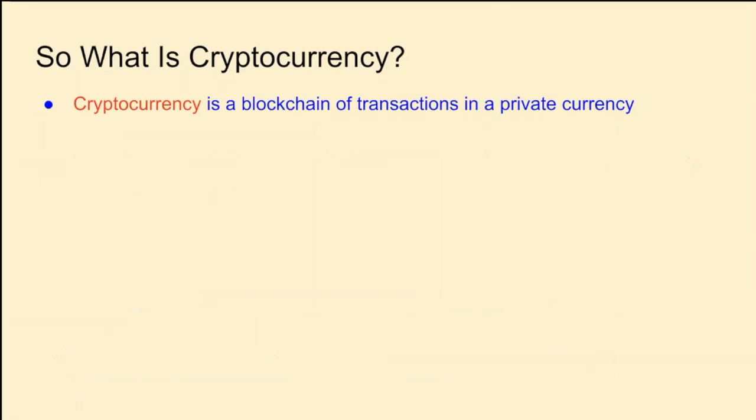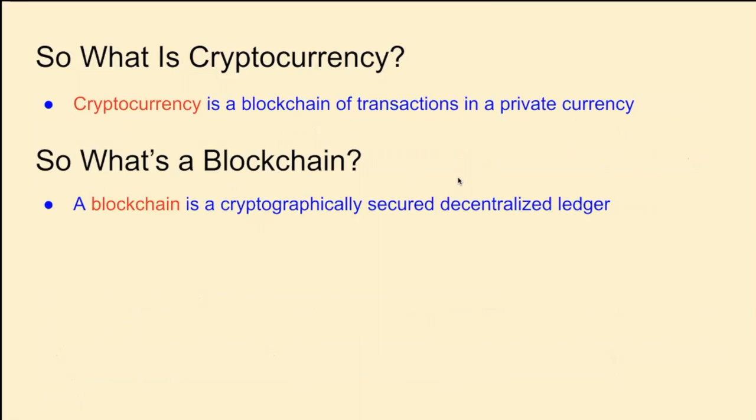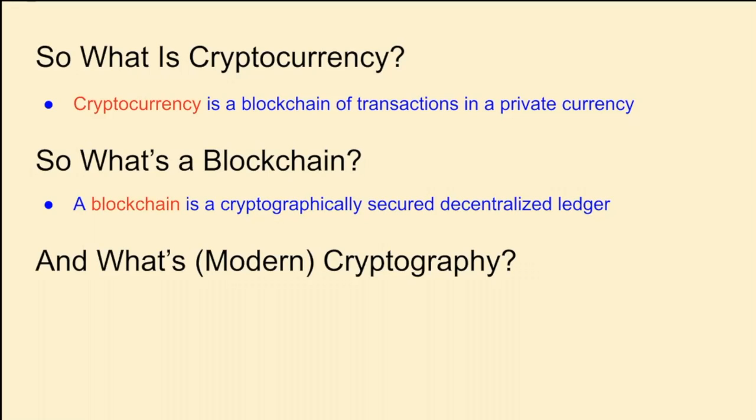That, of course, isn't really an answer. It leaves the question of, well, what is a blockchain? A blockchain is really a cryptographically secured decentralized ledger. What could be simpler than to say that? But maybe to start making some sense of that, we need to talk a little bit about what cryptography looks like, particularly cryptography today.